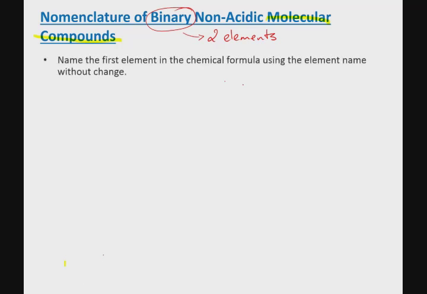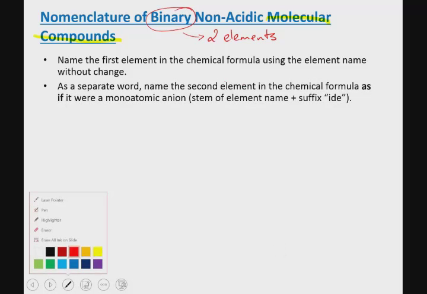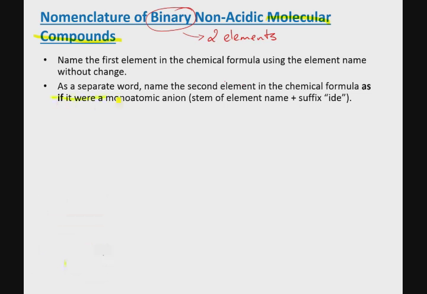When you look at the chemical formula of such compounds, we name the first element using the name of the element itself without any change. And then we name the second element in the chemical formula pretending that it is a monoatomic anion. In other words, we use the stem of the nonmetallic element name and attach the suffix "ide."